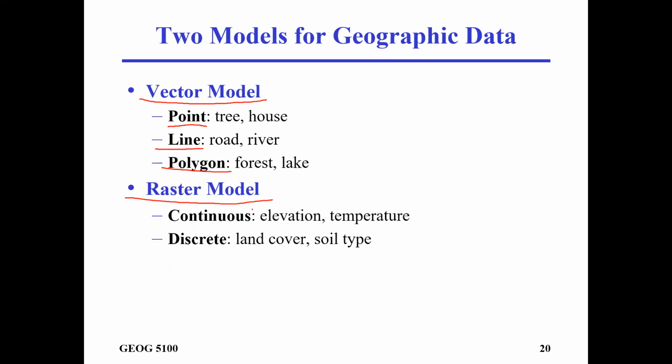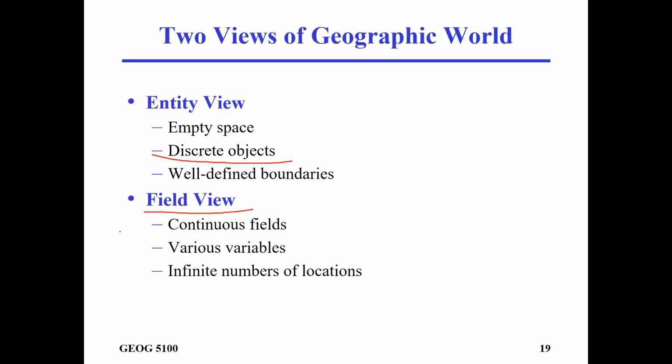Okay. And usually when we're talking about raster data in geography, it's most likely remotely sensed data, or say an image. An image is actually a space occupied by fields, and each field is actually a pixel.